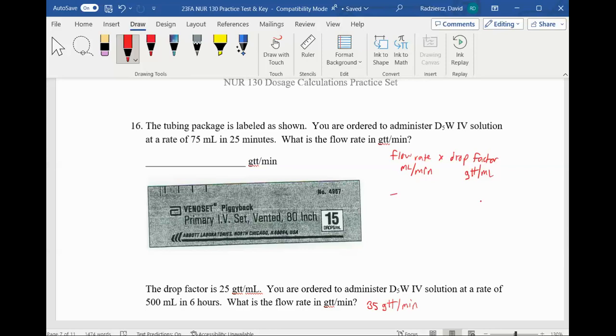I'm going to take the volume they give me over the time they give me, and then multiply by the drop factor they give me, which is 15. Then I can cancel out milliliters. I'm left with what I'm looking for, drops per minute, and I get 45 drops per minute.